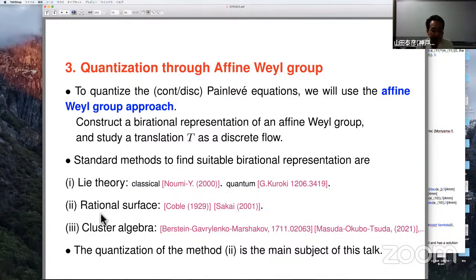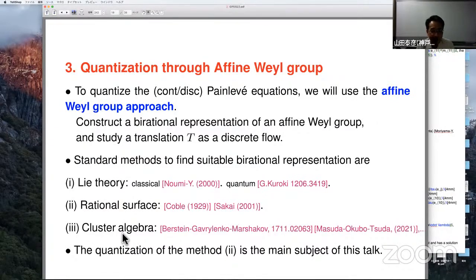So the second method to construct the affine Weyl group is based on the rational surface, that is, based on the Cremona isometry of the rational surface. And the E8 case was first considered by Kajiwara, and that representation was the basis of the construction of Sakai of the elliptic E8 Painlevé equation.